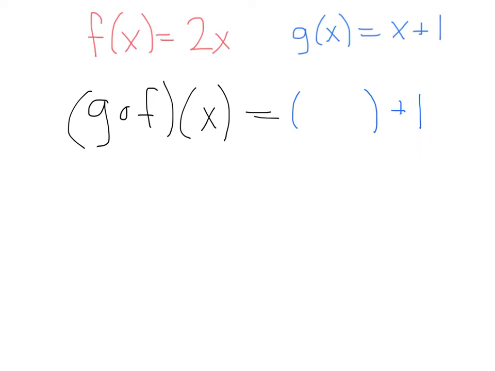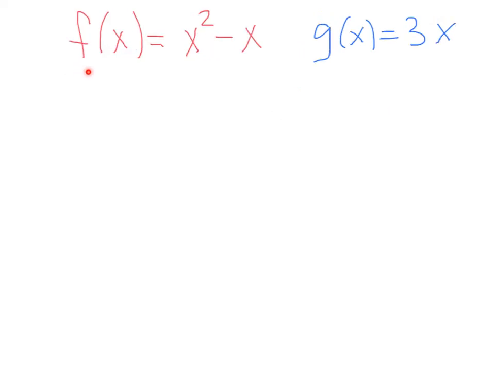So this g function was x plus 1, and I have this x value here. Now I'm going to be plugging in my f function. My f function is 2x. So I'm going to take this 2x, I'm going to plug it right in to every x value for g. So here I'm going to put 2x, and there's not really anything to simplify here, so our answer is just going to be 2x plus 1.